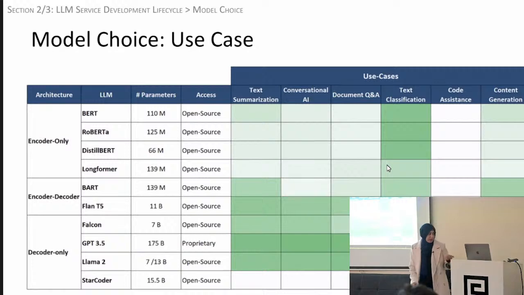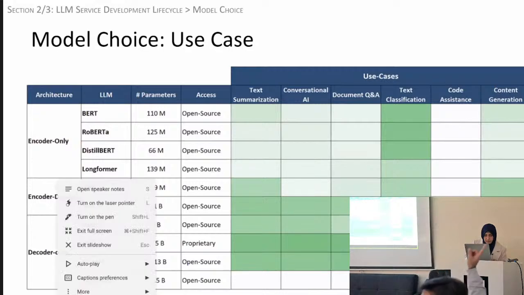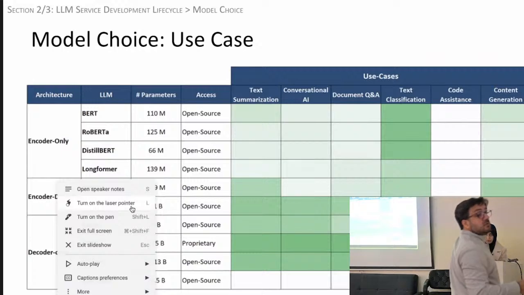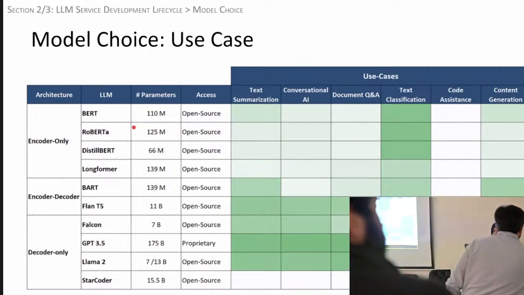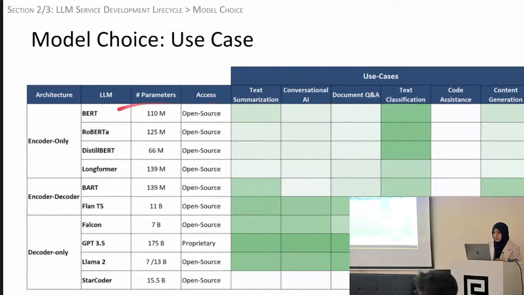Unfortunately, the pointer device is not working. All right, so these are different LLMs, and these are different use cases right here. The darker green shows which LLMs are better. So GPT 3.5, for example, you can see is better at most of these things than the other models.